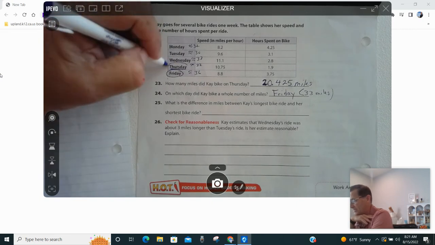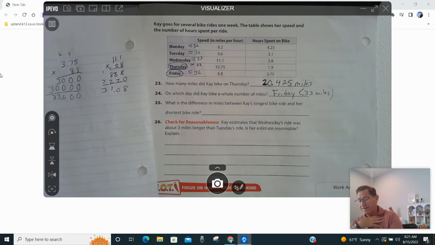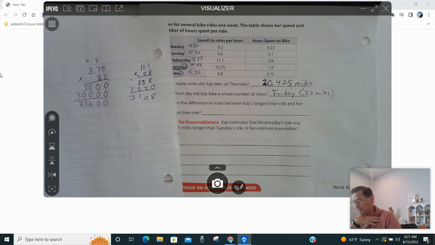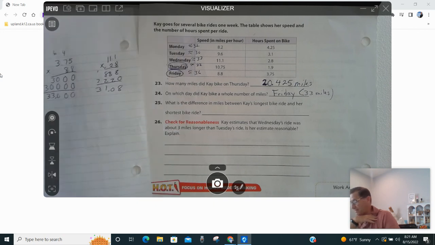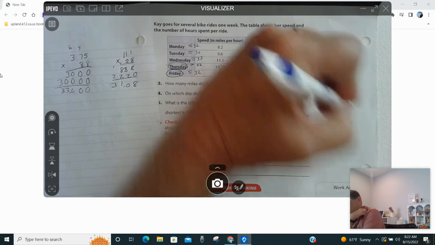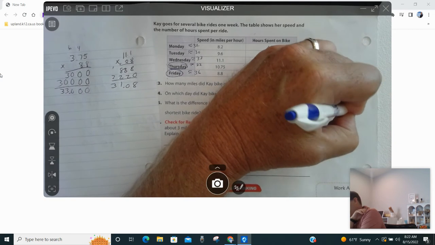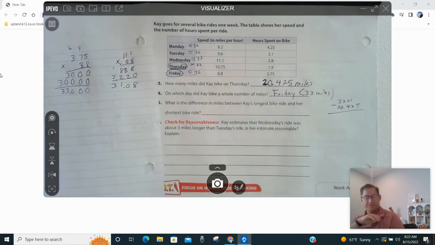And the least is Thursday, or it will be Thursday. And we know that Thursday is 20.425. So 33 minus 20 and 425 thousandths.